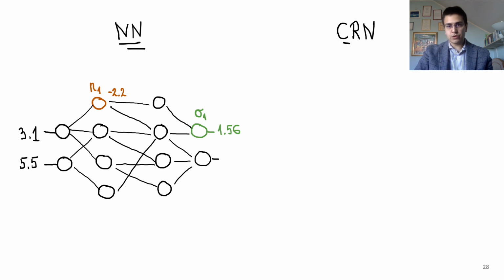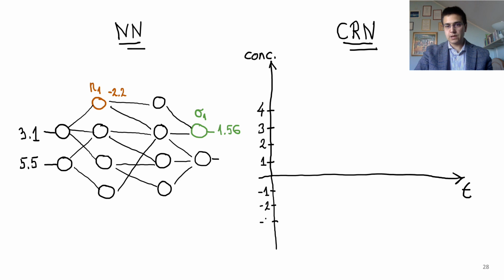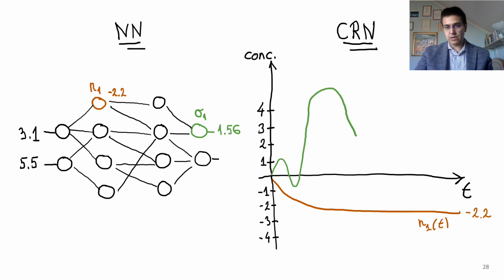Using our approach, you can translate it to a CRN, and you can simulate the behavior of the CRN over time, basically concentrations of different chemical signals over time. And there is a chemical signal corresponding to different parts of the neural network, such as the N1 neuron, that reaches the same value. There is also a chemical signal that corresponds to O1, output unit 1, that reaches the same value.